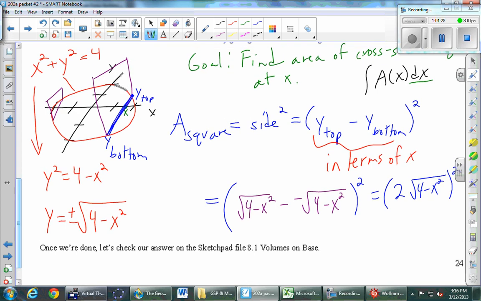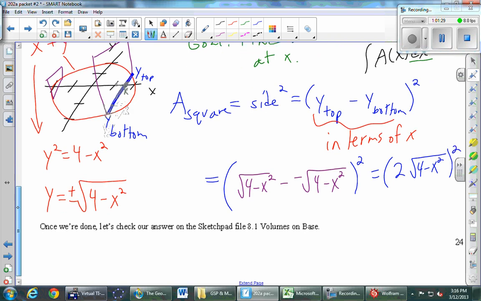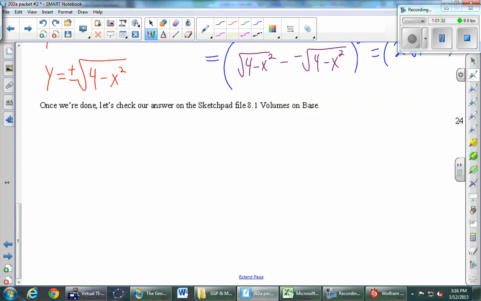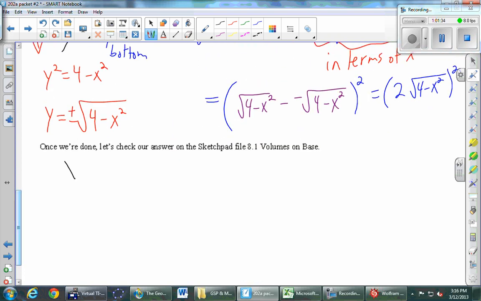All we have to do is stick into our formula, that integral of A of x dx. So let's do that here. The volume of the crazy shape, the entire, we'll call it the funky shape, one that I had an awful hard time drawing. According to our formula, it's the integral of the area function dx from some number to some other number. We just got to plug in.